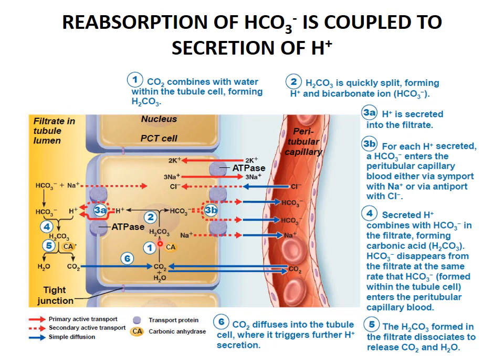As soon as this is formed, it splits into H plus and HCO3 minus. Then the H ions will be secreted into the filtrate, going into the tubular lumen.